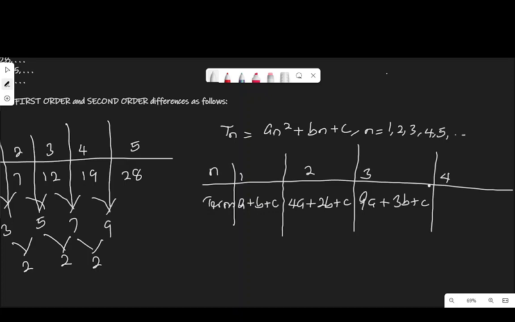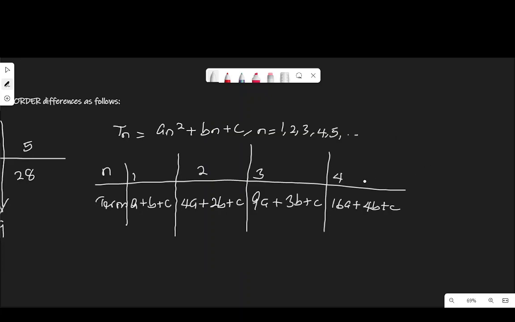When n is 4, 4 squared is 16, 16 times a is 16a plus 4b plus c. I'm just putting the values into this equation. The last one is n equal to 5. 5 squared is 25, times a is 25a, plus 5b plus c. That is the fifth term of the sequence.